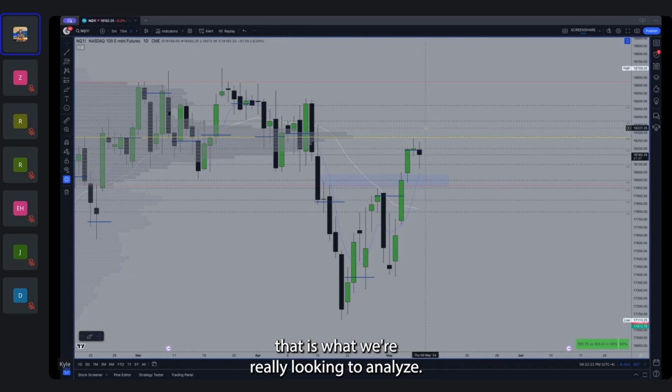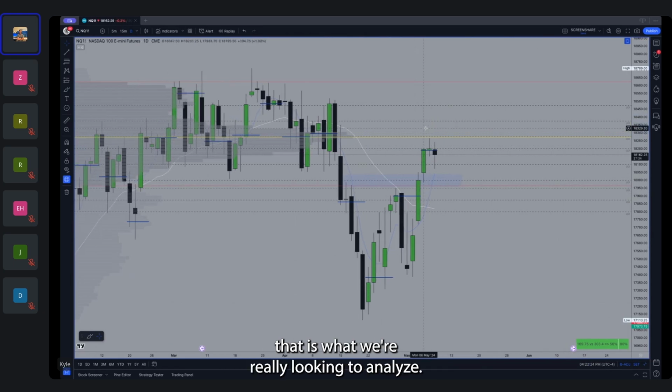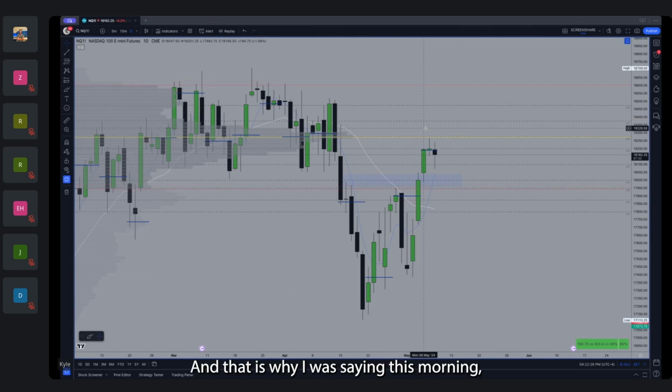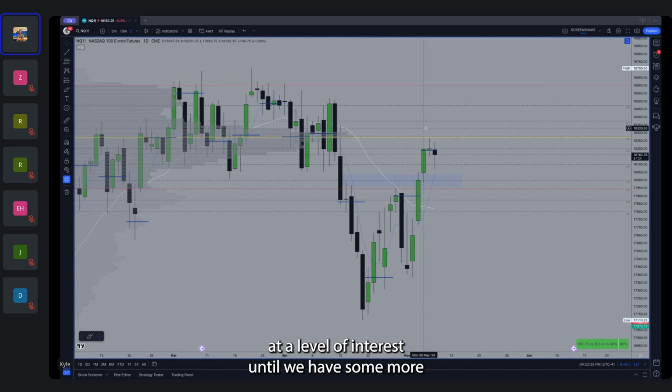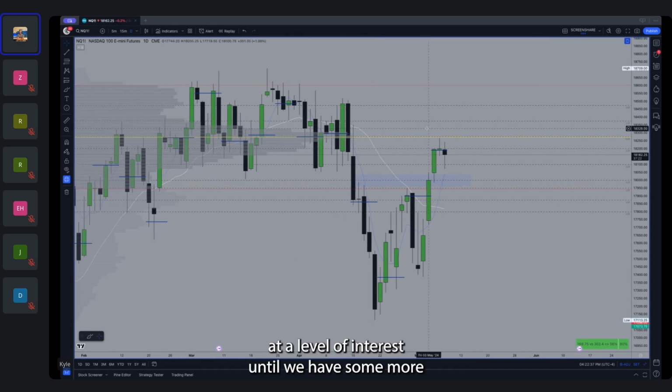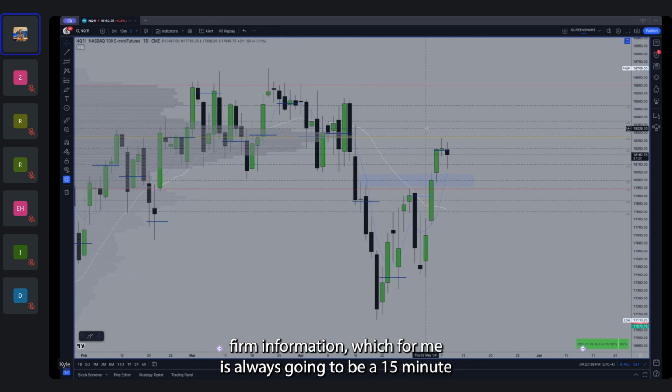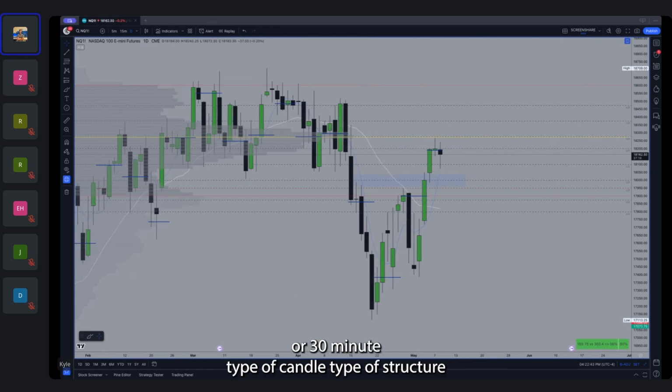And that is why I was saying this morning, don't go grabbing some 2-minute hammer at a level of interest until we have some more firm information, which for me is always going to be a 15-minute or 30-minute type of candle, type of structure that I can get involved with.